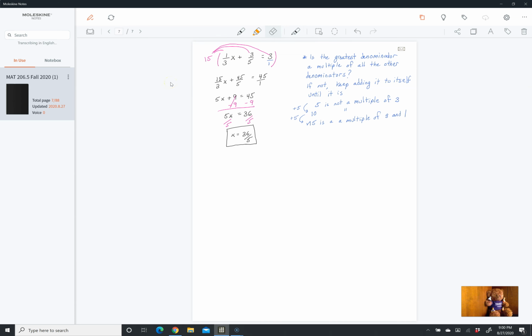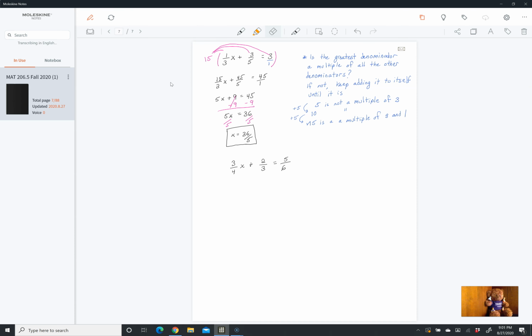So let's do 3 over 4x plus 2 over 3 is equal to 5 over 6.